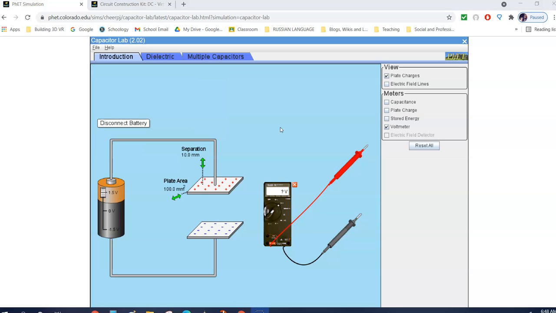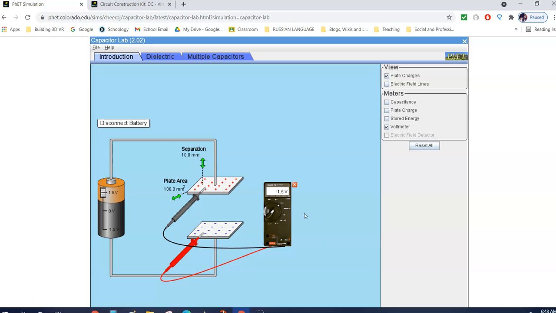We can use this simulator to also measure the electric field strength between the plates. So with the formula E equals V over D, the V is the potential difference across the plates, or the voltage across the plates, and the D is the distance between the plates.